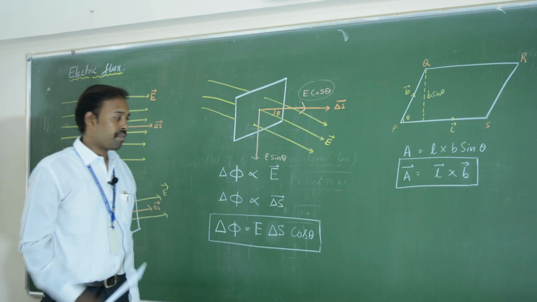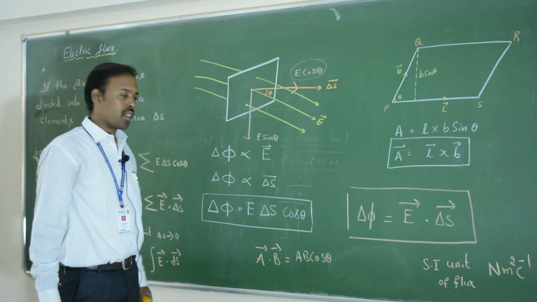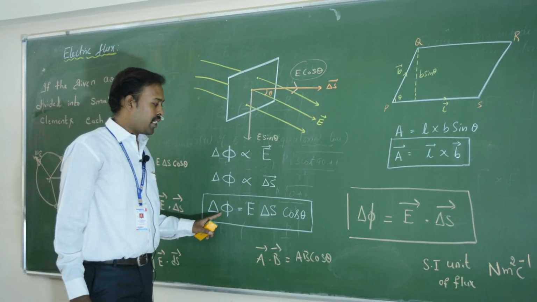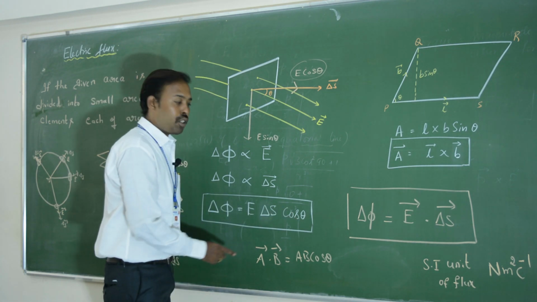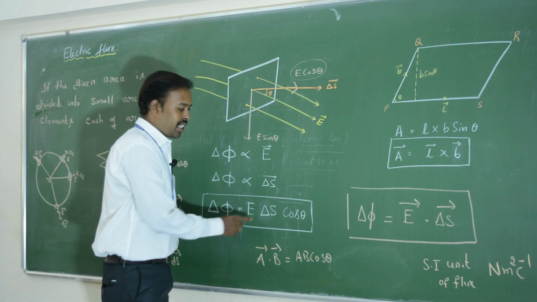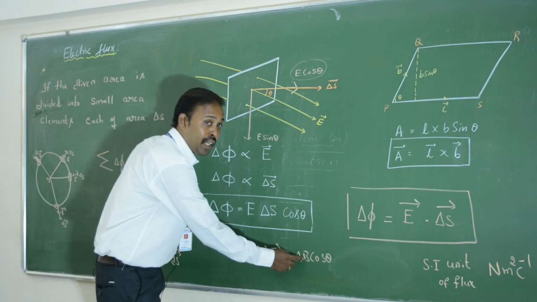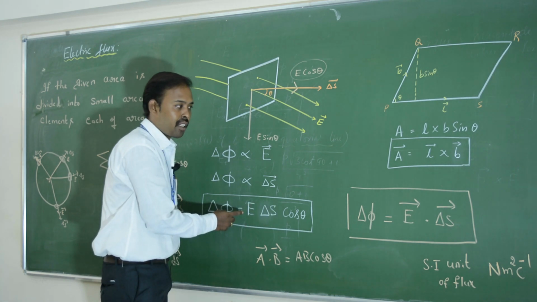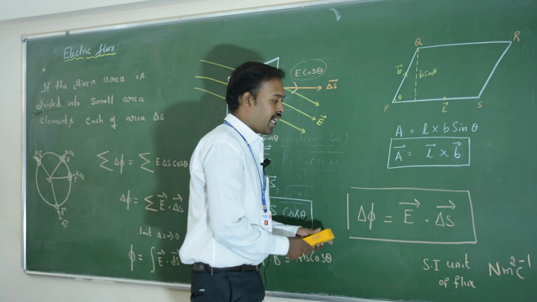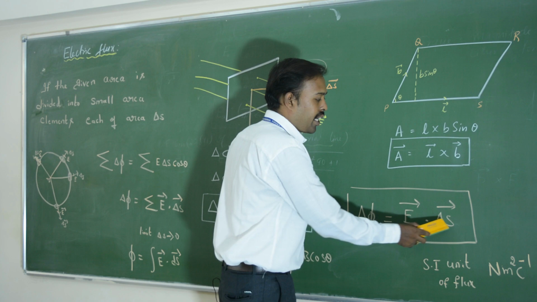So next, we know delta phi is equal to E delta S cos theta. This is in the form of A dot B equal to AB cos theta, so it can be represented as a scalar product. So delta phi can be written as E dot ds.